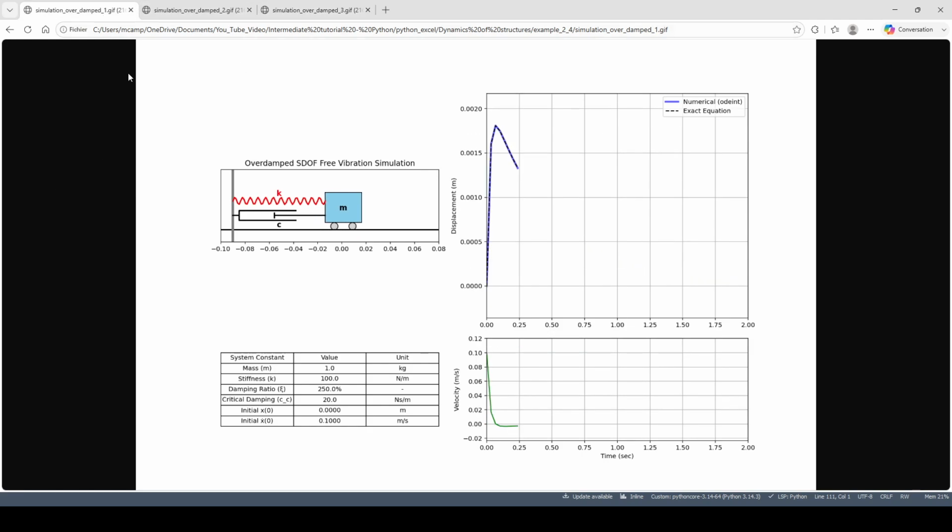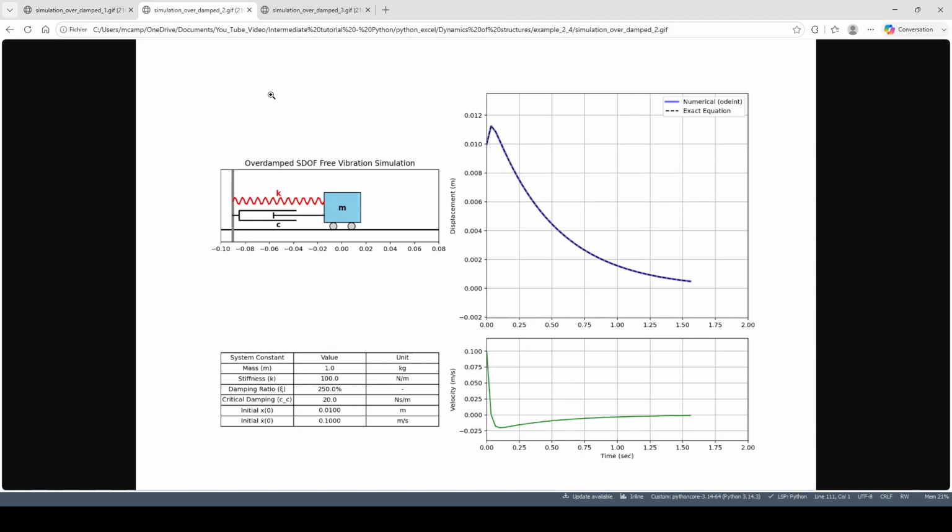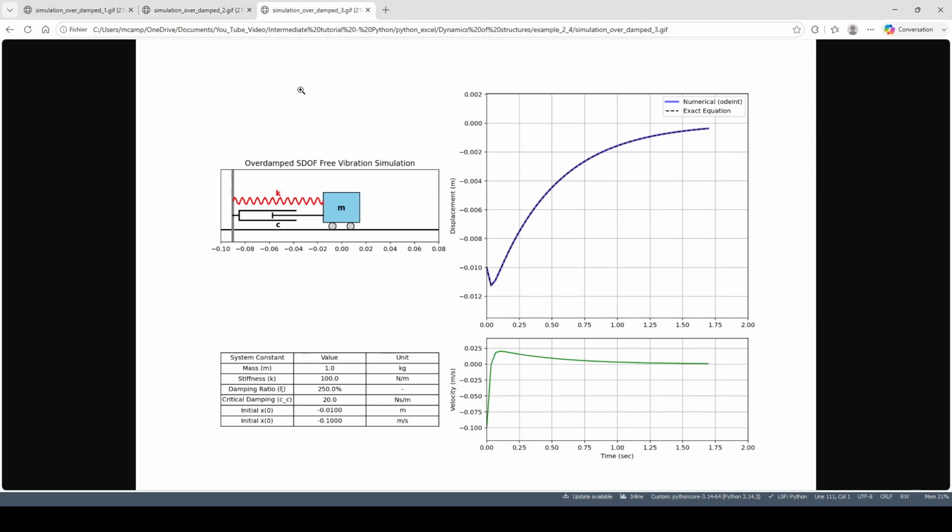We can see now the simulation of this case, or this case. This is the first case, as a function of time. Here there is the system shown. This is the second case, and this is the third case.